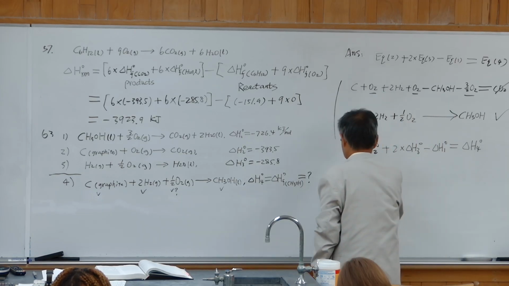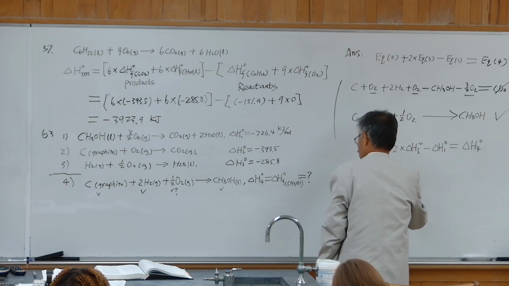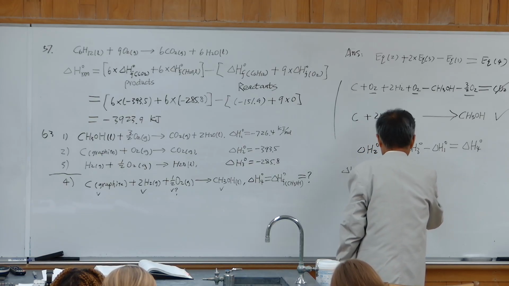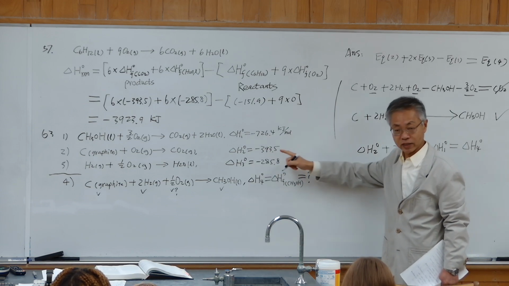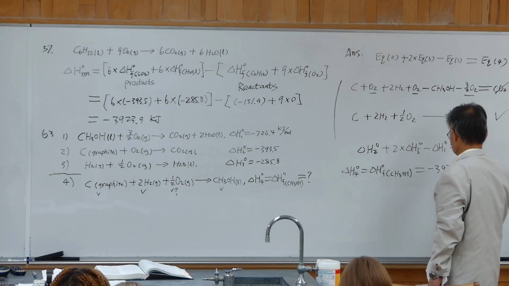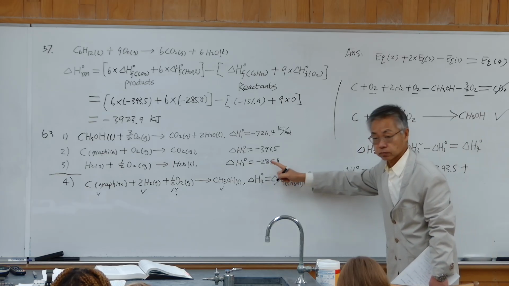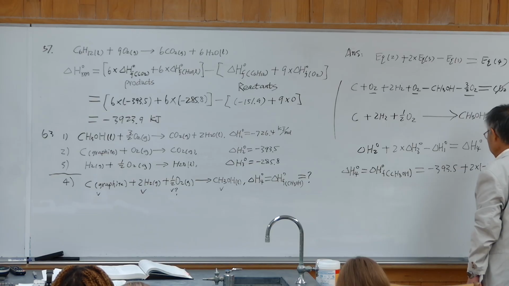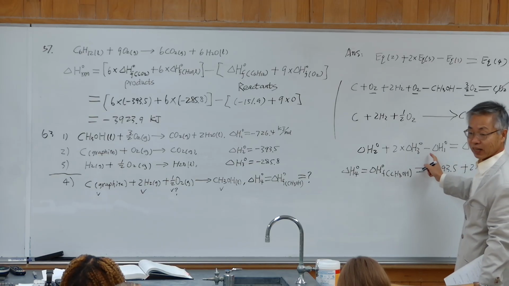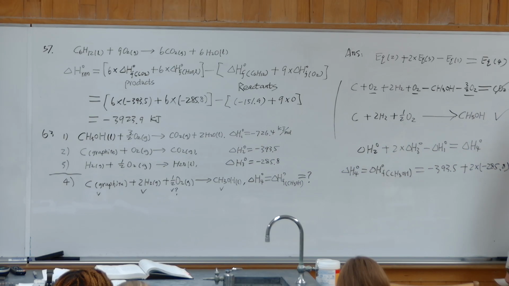So delta H4, the standard enthalpy of formation of methanol, equals delta H2, which is negative 393.5, plus 2 times delta H3, negative 2 times 285.8, minus delta H1, which is negative 726.4.